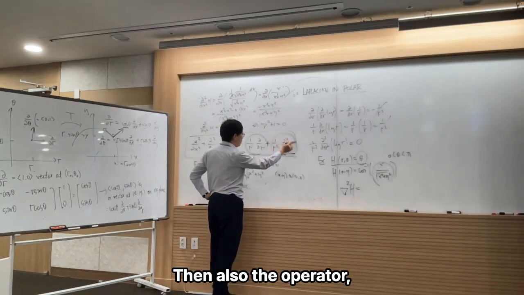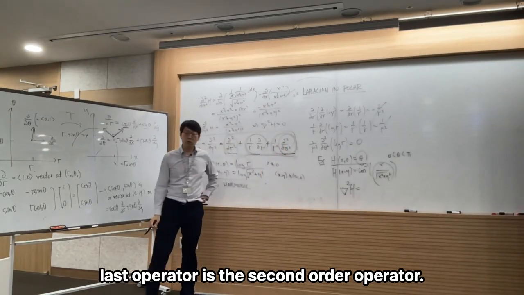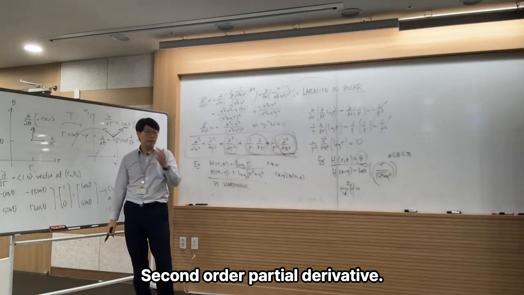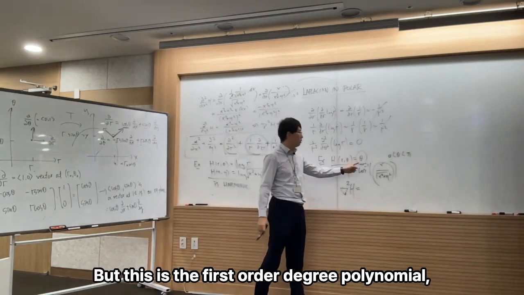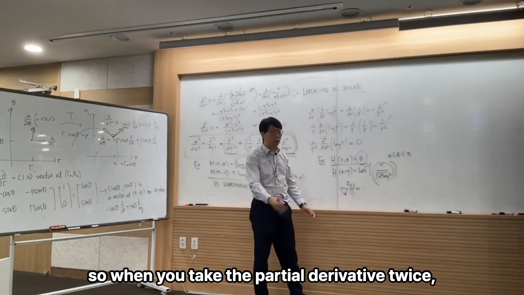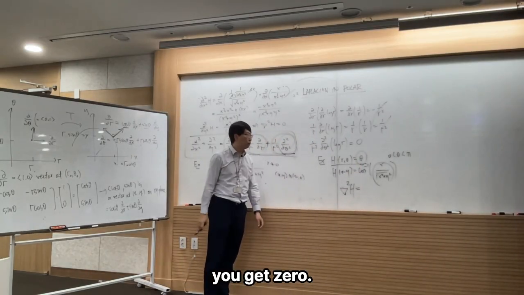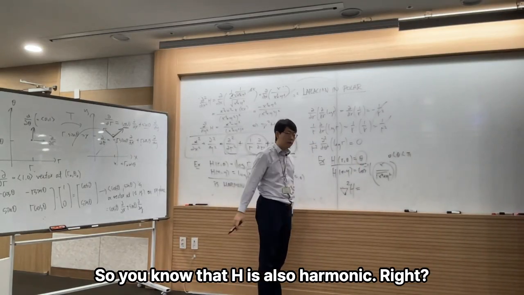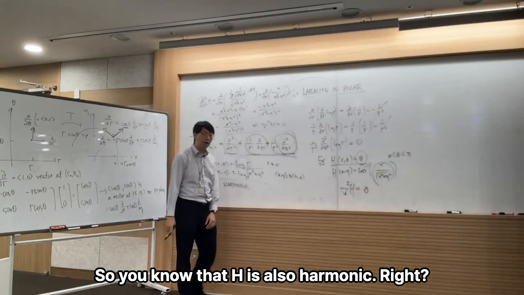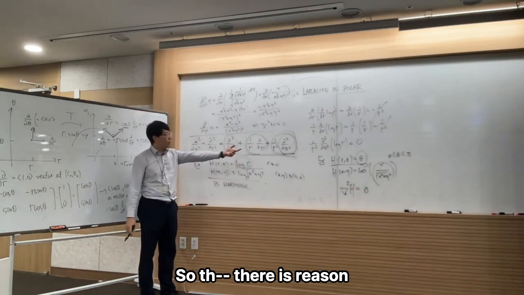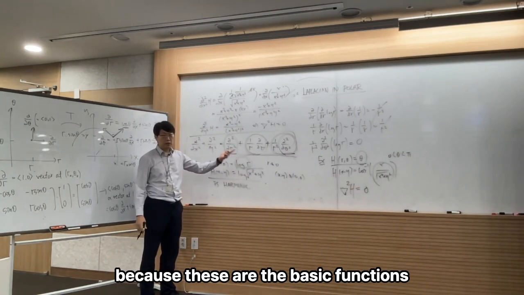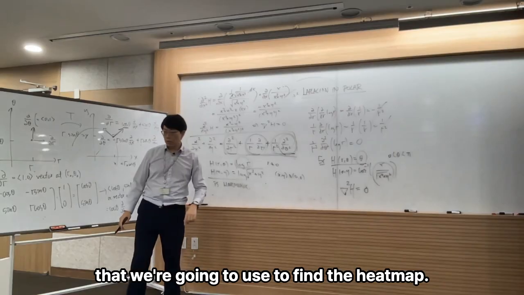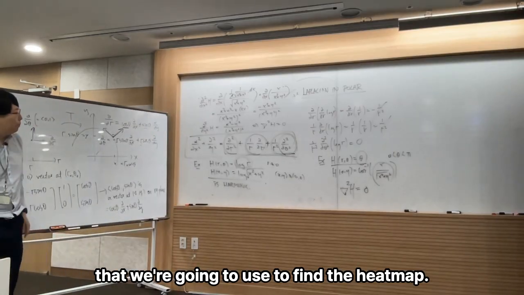Then also the last operator is the second order partial derivative, but this is a first degree polynomial. So when you take the partial derivative twice, you get 0. So you know that H is also harmonic, right? There is a reason why I'm mentioning these two functions, because these are the basic functions that we're going to use to find the heat map.